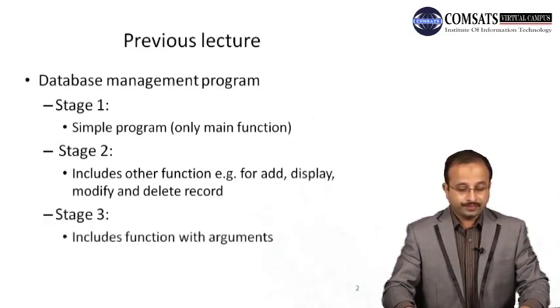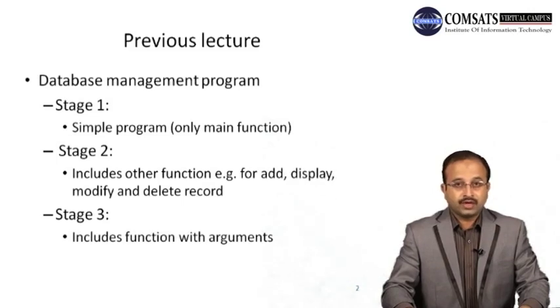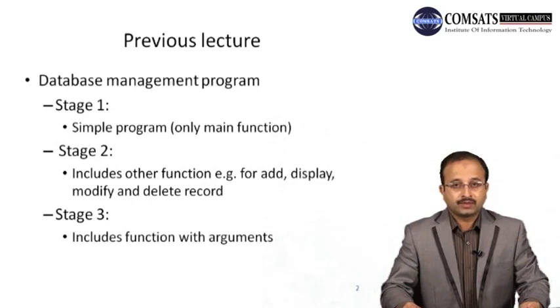Then in stage 3 we changed the functions and the function prototypes, and we pass the file pointer to each of these functions. And then in stage 4 we write query functions, for example query record, query by age, query by salary, and query by name.